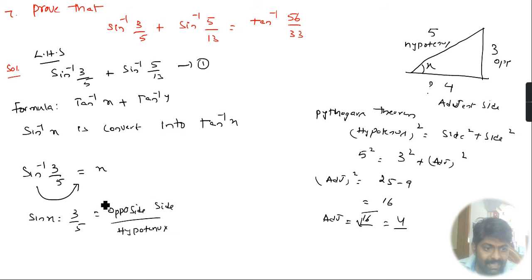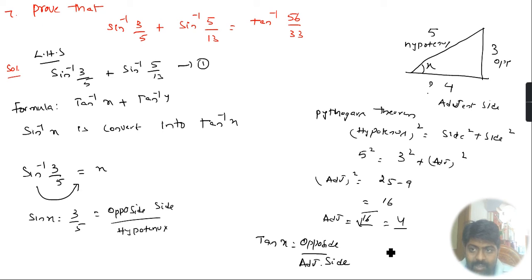So sin x equal to 3 by 5 is opposite side by hypotenuse, and from that we get tan x. What is the formula? Tan x is opposite side by adjacent side, so tan x is equal to 3 by 4.